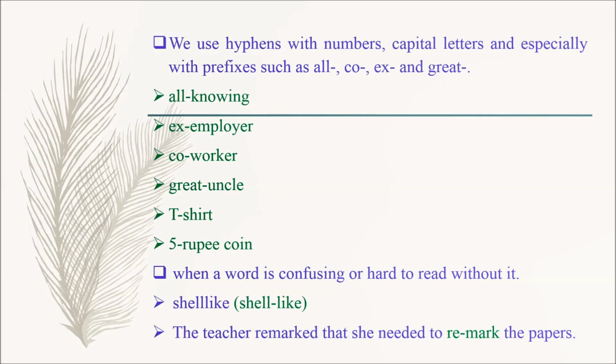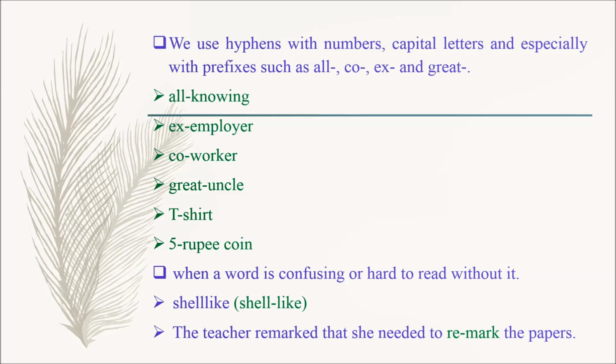So students, we use hyphens with numbers, capital letters and especially with prefixes such as all, co, ex and great. Examples are all-knowing, ex-employer, co-worker, great-uncle, T-shirt, five-rupee coin.